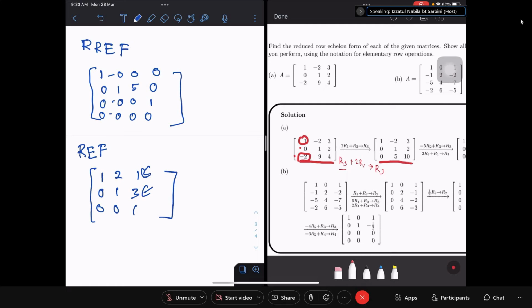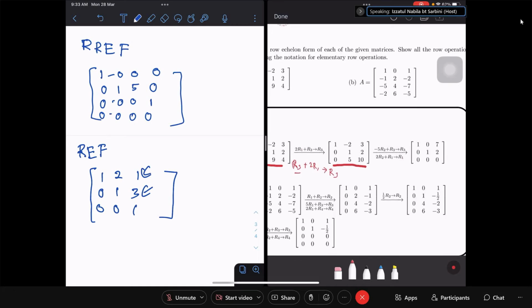Dekat depan row 3 ni tak boleh letak negative 1 or because you want to zero out -2, you letak 1/2 macam tu. No scalar multiplication in front of row that you want to change. Okay? Ini tak boleh. So bear in mind. Okay. Macam tu lah. Alright.